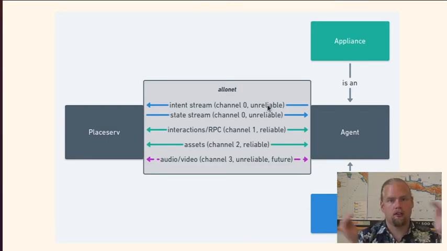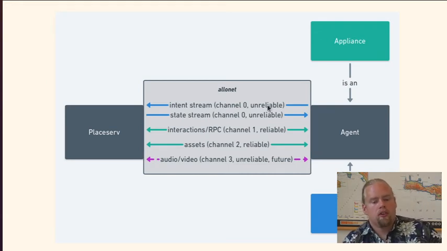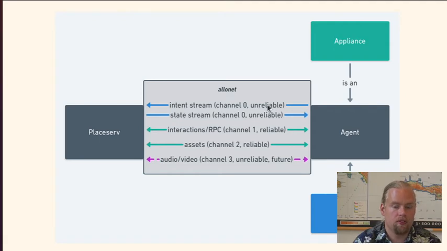So these are just pushed at 20 hertz intervals. So all the apps and visors or headset apps know what the world looks like, and the place knows what the apps and visors want to do.